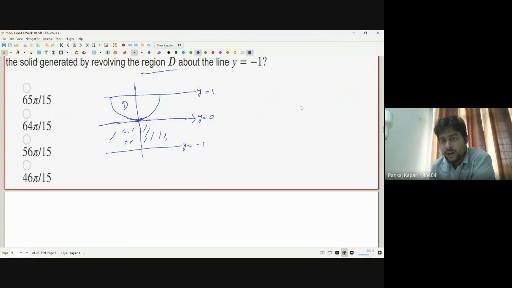I'll give you another simple example. Let's say you have a region like this, a square, and now you are rotating this square about this line, which we write as x equal to 0, or the y axis.